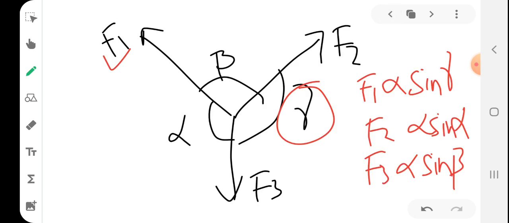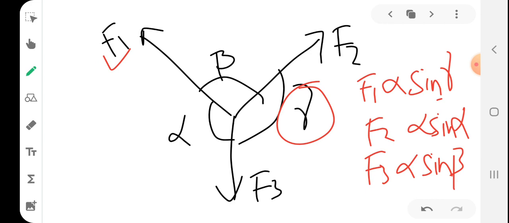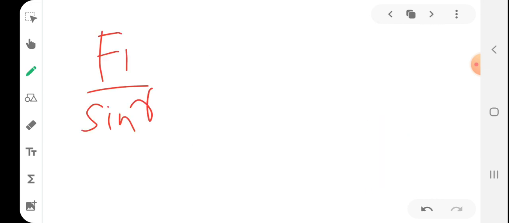So if you remove the proportionalities, you will get the algebraic equation which defines Lami's theorem: F1 by sine gamma is a constant.